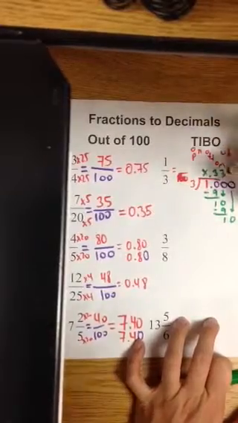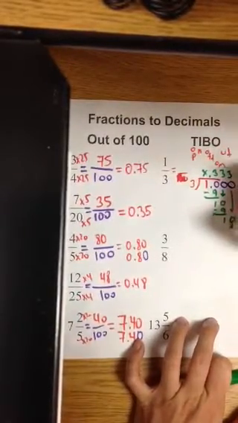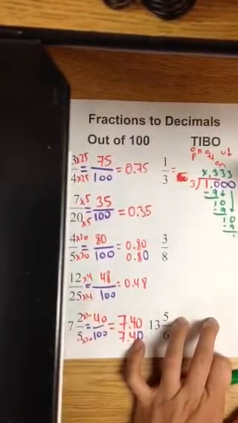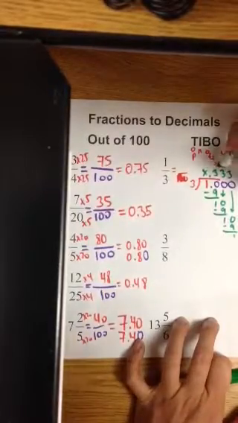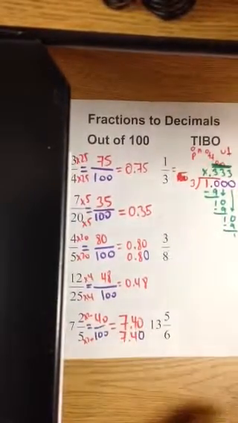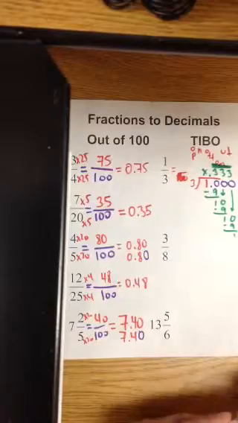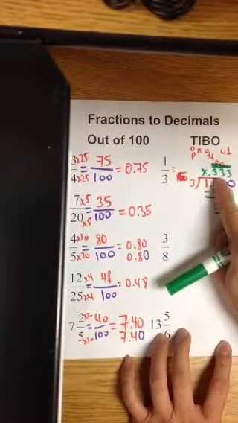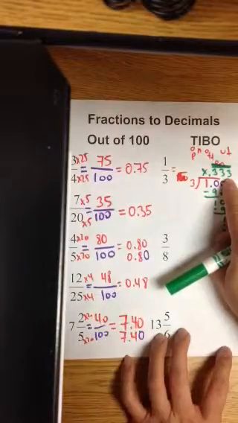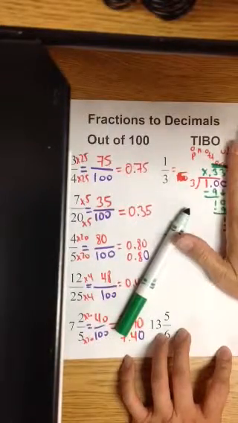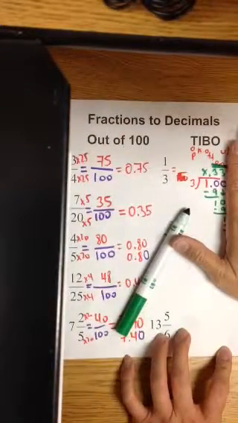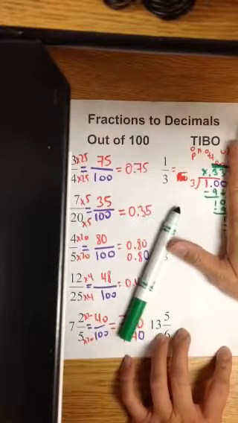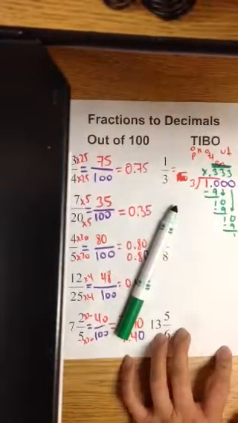Can 3 go in 10? Why is this repeating? This is called a repeating decimal. So put a repeating bar above it. So 1/3 is the same as 333 thousandths. It's also the same thing as 33 hundredths. And that is what it's equivalent to.